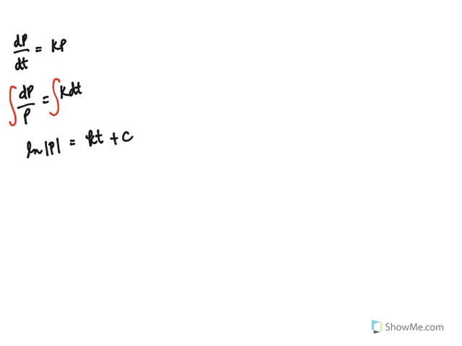So what we do to remove the ln, since we have an ln already, is raise both sides as powers of e.